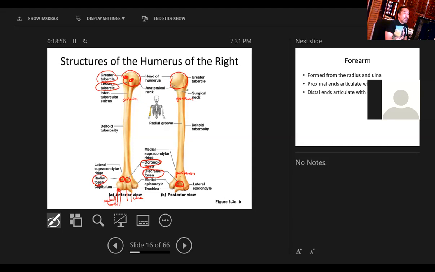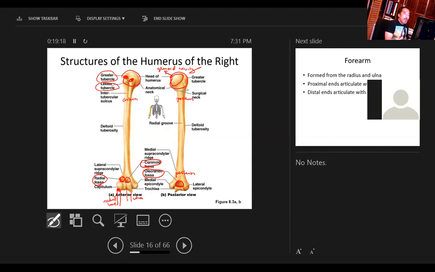Right, so now I'm going through the head of the humerus. The head of the humerus is round. That's the one that will articulate with the glenoid cavity of the scapula. Okay, so I got two necks on the humerus.